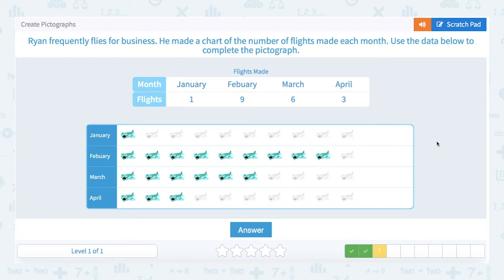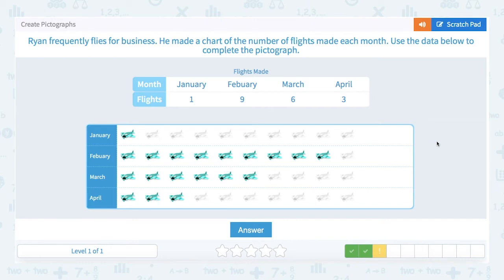What we can determine here is that perhaps there's something that happens in February and then begins to taper off in March and then tapers off a little bit more in April related to Ryan's business that causes him to have to travel. There's something about January that causes his business travel to be slow.